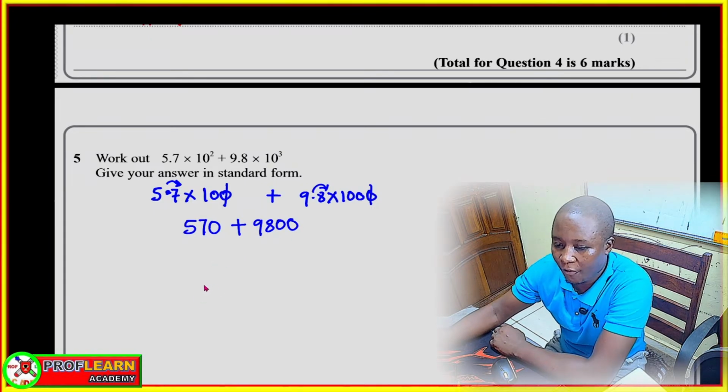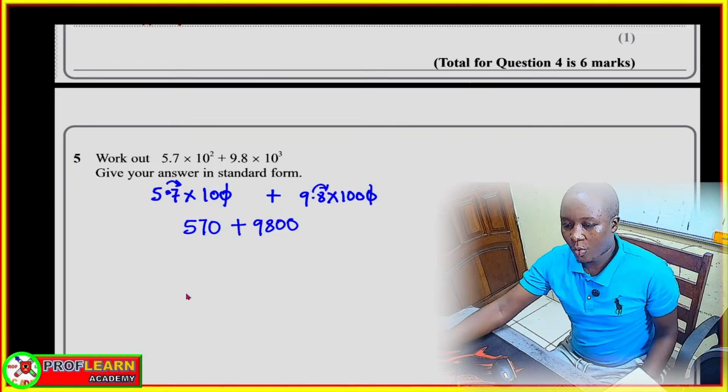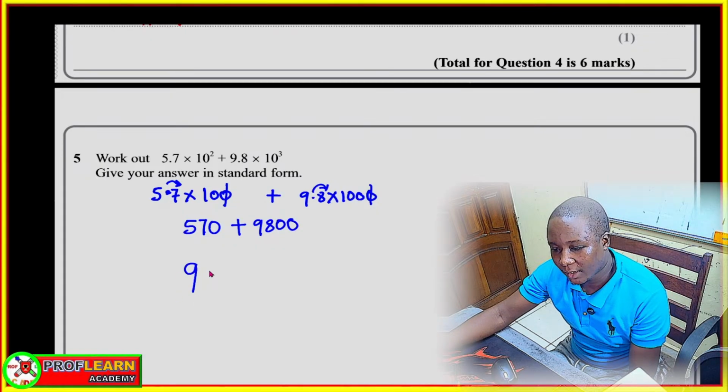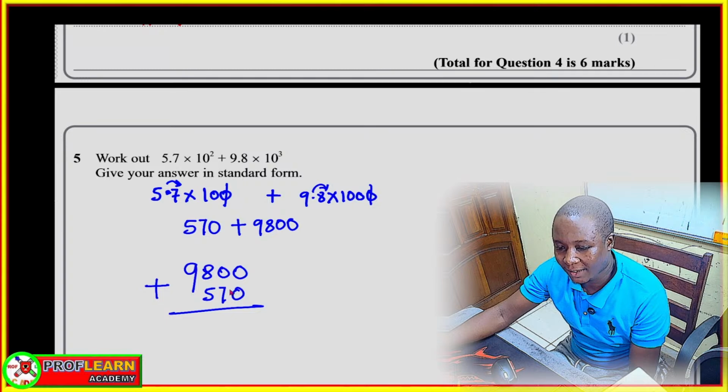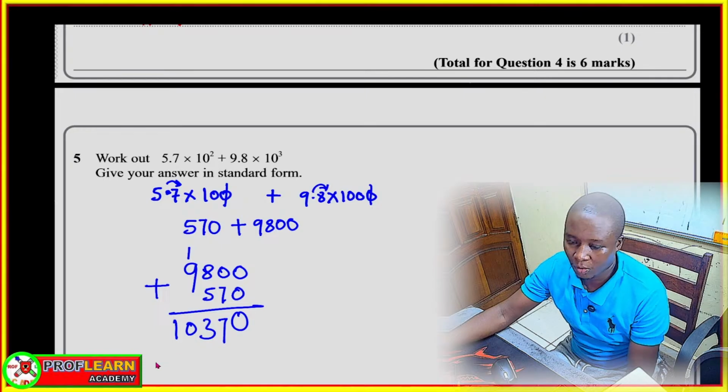Now for us to add this, you have to ensure that you are arranging this properly. 0 0, then we add 570, then we add corresponding, this is ones, tens, hundreds, so this is going to be 0 plus 7 will be 7, 8 plus 5 will be 3, carry 1, and this will be 0.